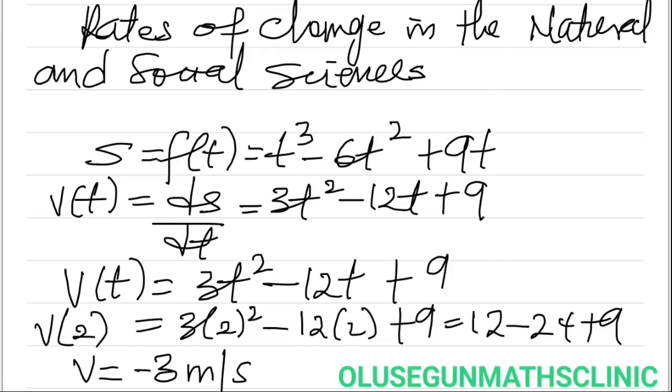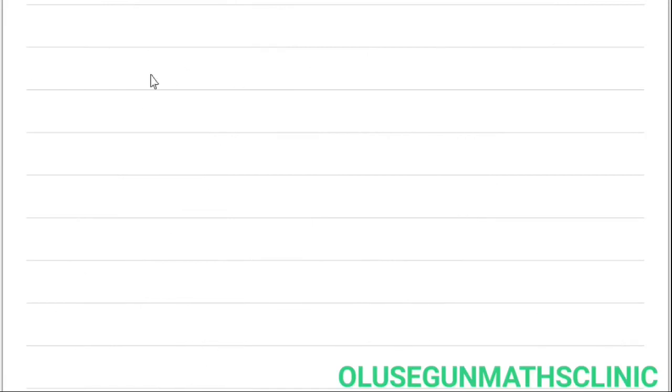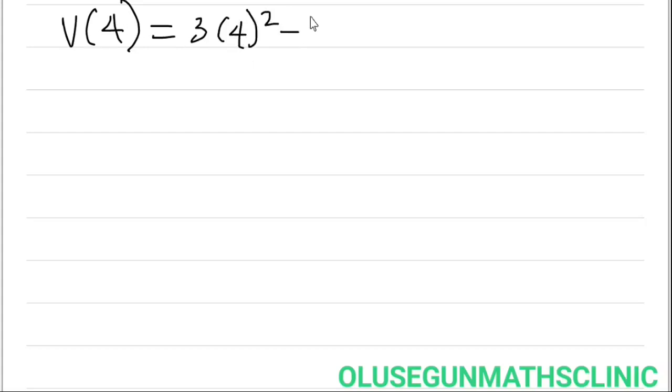Now that we are able to get the velocity after 2 seconds, let's try to find it after 4 seconds. After 4 seconds, we have 3 times 4 squared minus 12 times 4 plus 9.